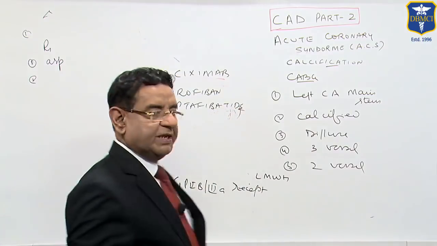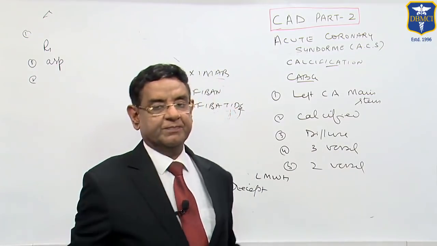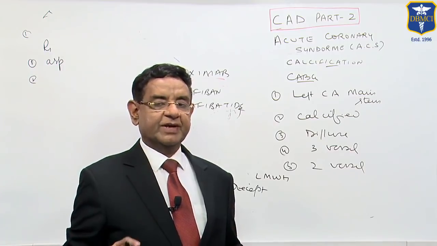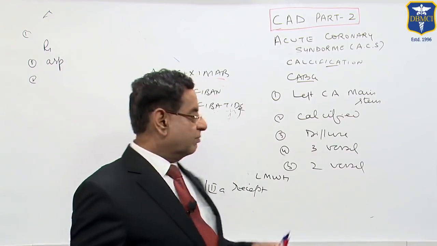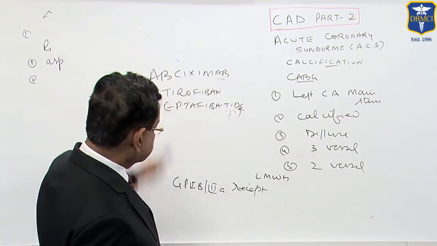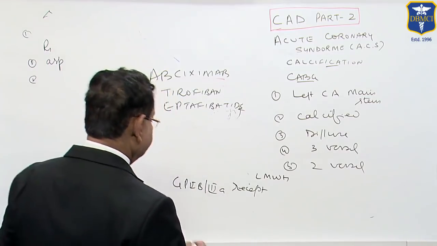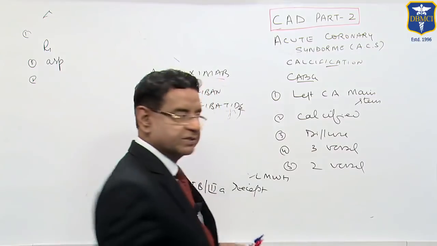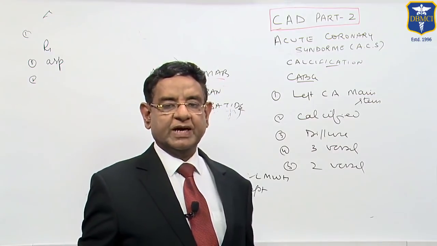They are especially useful after stent. They are very effective in preventing post-stent thrombus. They should be used. And low molecular weight heparin or heparin should be used in all cases of CAD when the patient comes to you in the ICU.